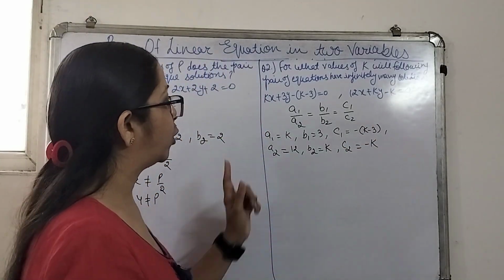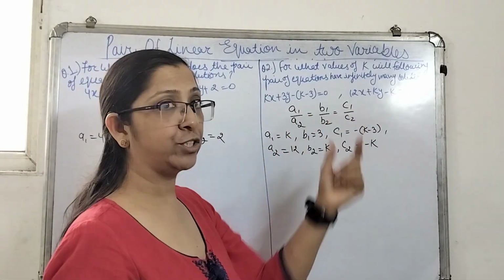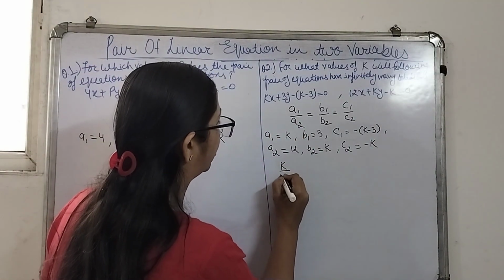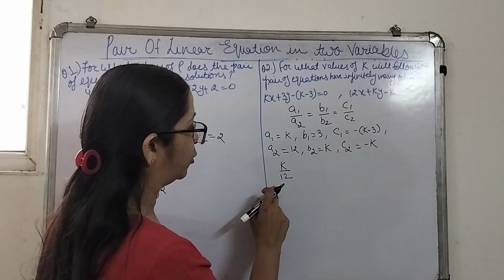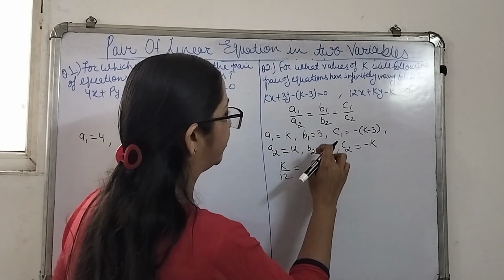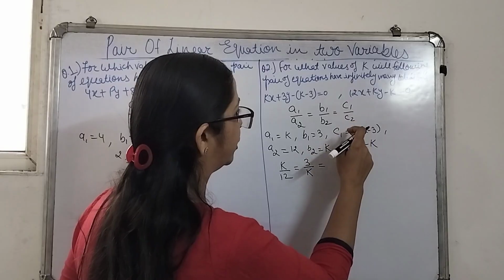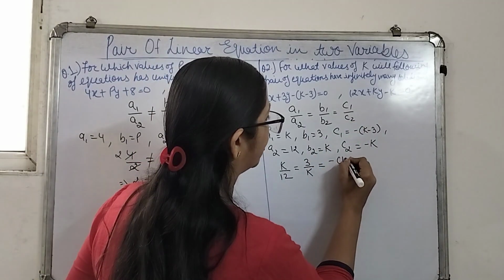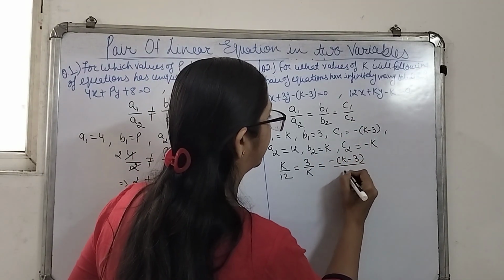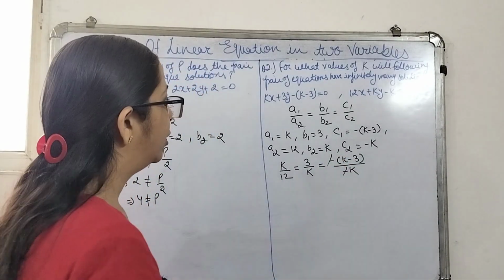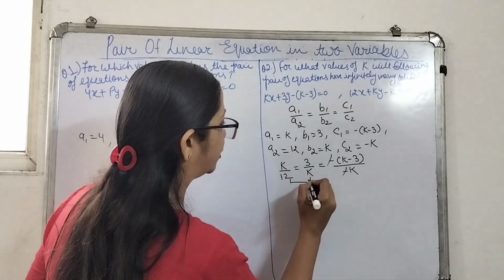Now if we keep all these values in this equation, a1 over a2, that is k upon 12, should be equivalent to b1 over b2, that is 3 upon k, should be equivalent to c1 over c2, that is minus of k minus 3 divided by minus of k. These two minus signs are going to cancel. First we take these two conditions.